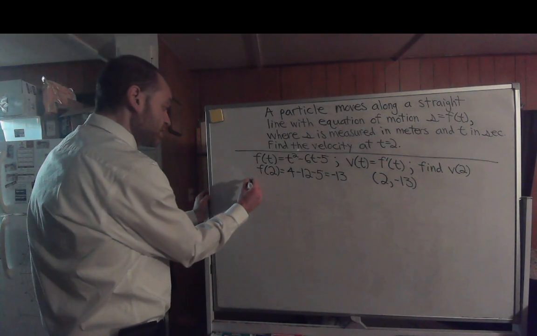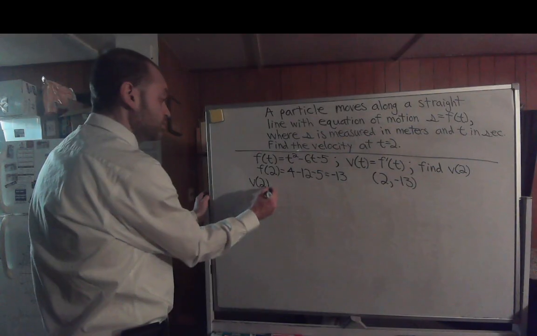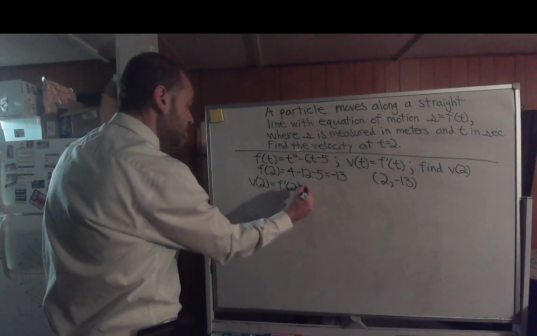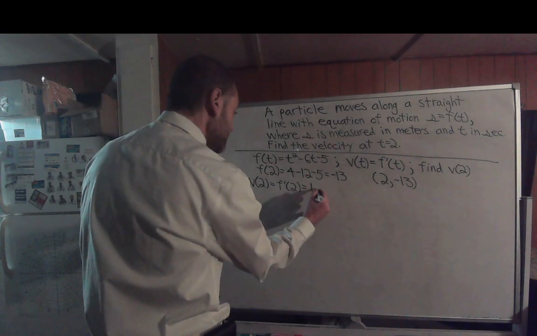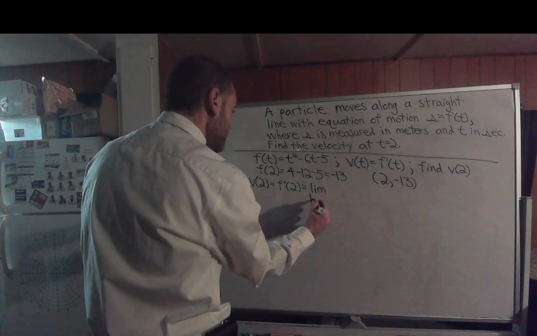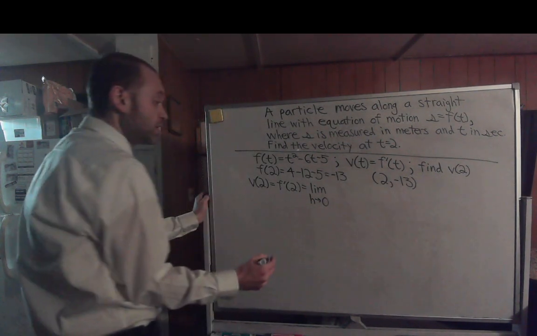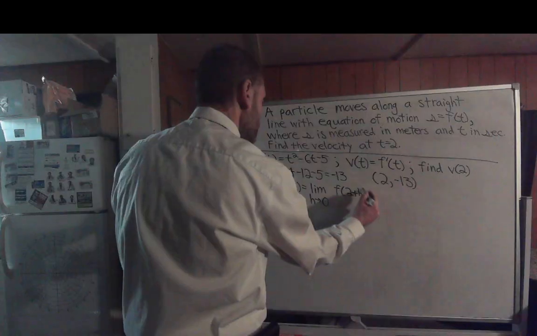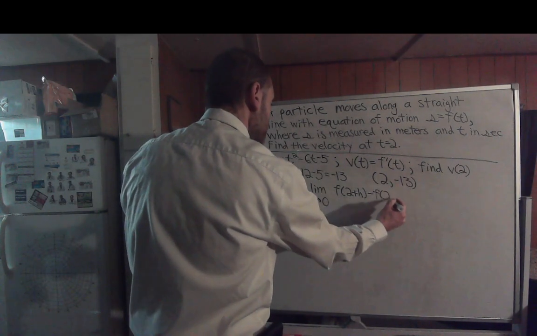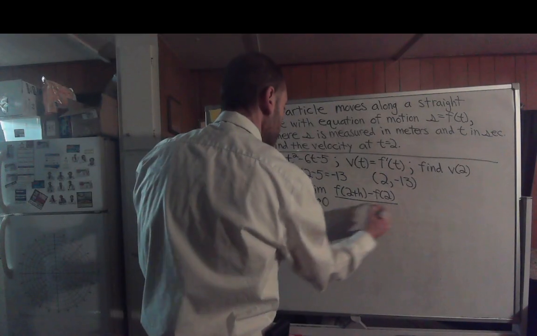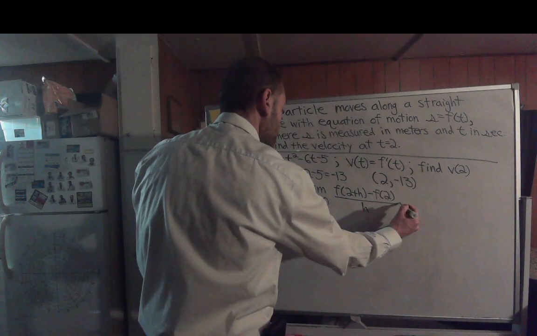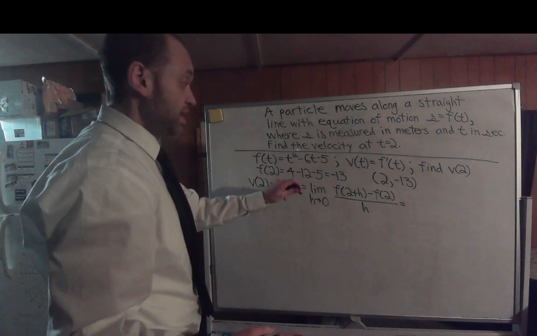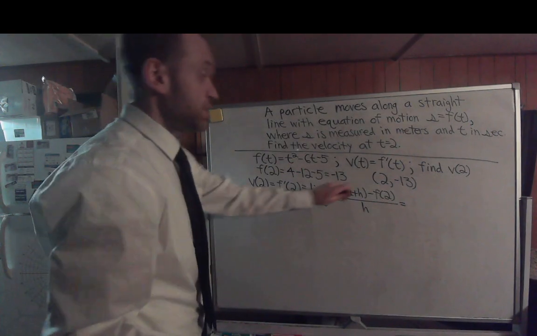So the velocity at time equals 2, which is the same thing as f prime of 2, is going to equal the limit as h approaches 0 of f of 2 plus h minus f of 2, all over h. Now, wherever you see that t, put in 2 plus h.